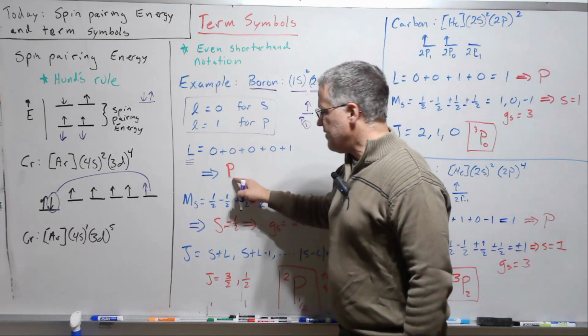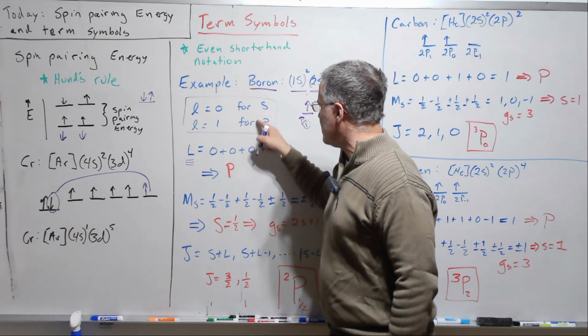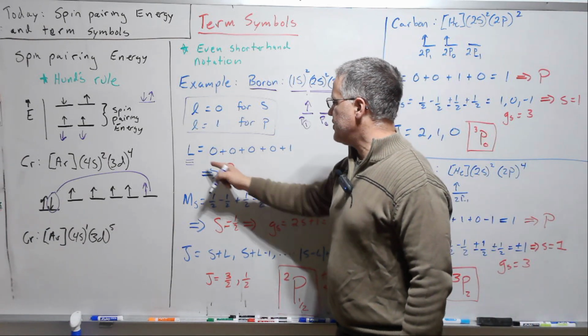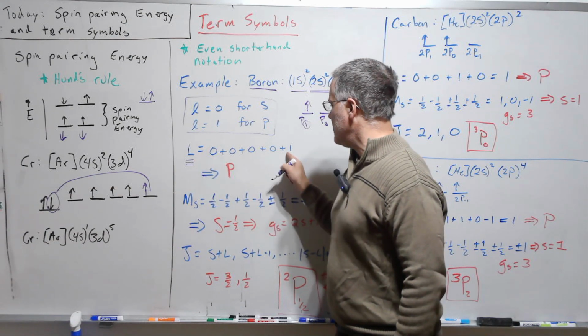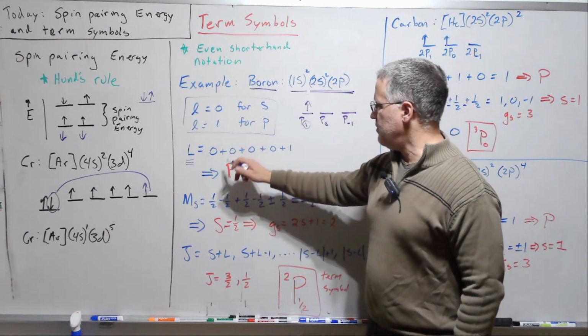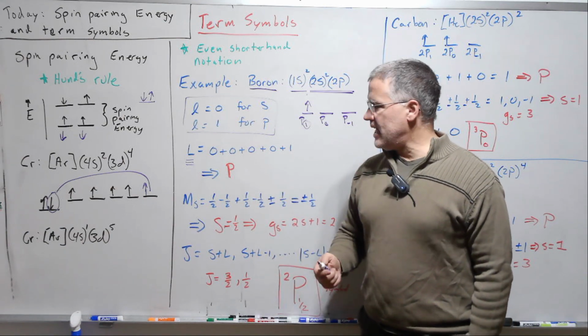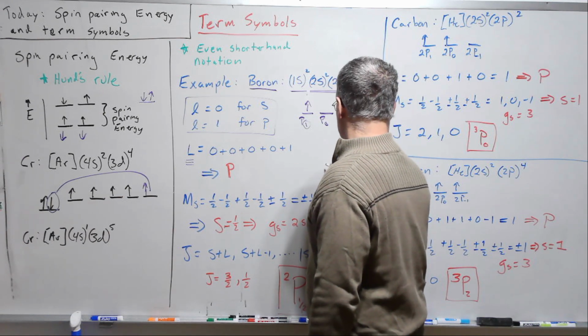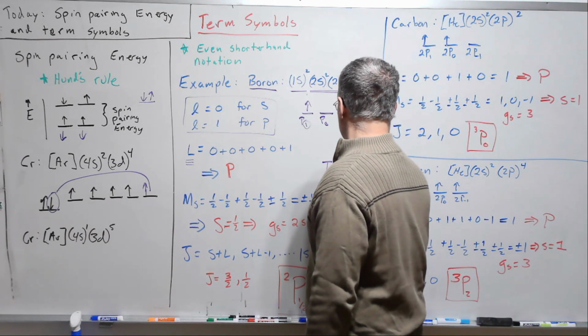Now, you give the symbol that's the same as the symbol for the quantum number rules here, but in capitals. So if your capital L is 1, then your main term symbol is P. Now we decorate this term symbol. So let me just call this T for term symbol.